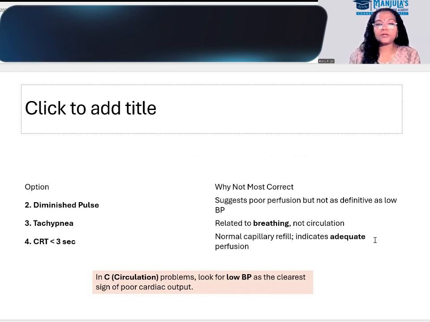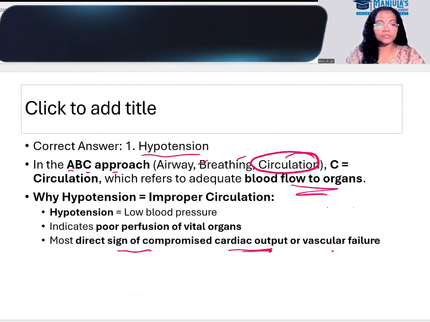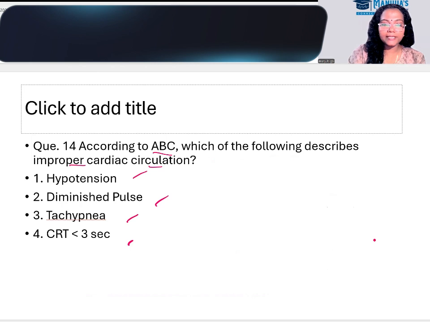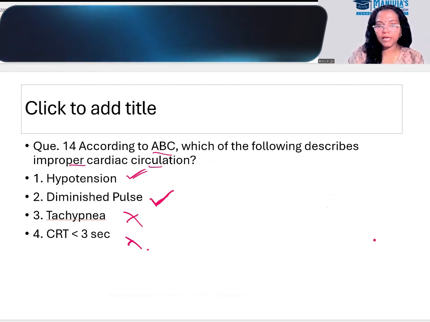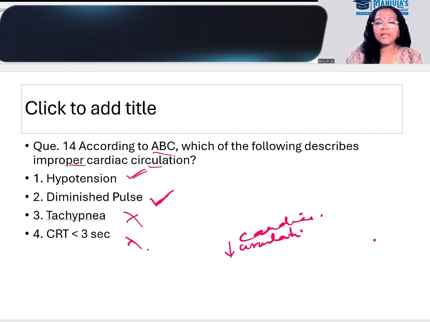Why are the other options not correct? Diminished pulse suggests poor perfusion, but it is not as definitive as a low BP. So you might get confused between these two options, hypotension or diminished pulse. Now, diminished pulse can occur in decreased cardiac circulation as well as in decreased peripheral circulation.